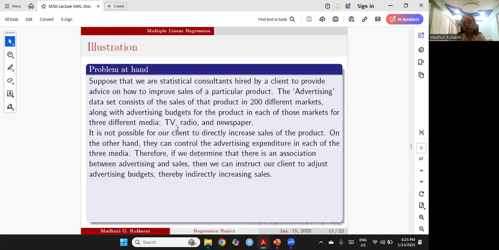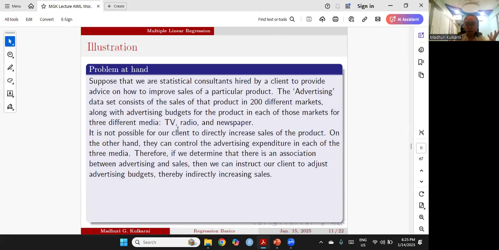Now, can he link the money that the company spends on these different platforms with the sales of the product? The company would spend money on advertisements only if sales are increasing. If the advertisements are not impacting the sales, then it is of no use. So this statistical consultant is hired to check whether the advertisements are helping in increasing sales or not.